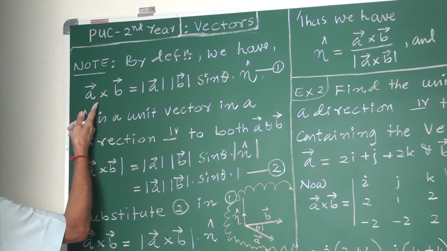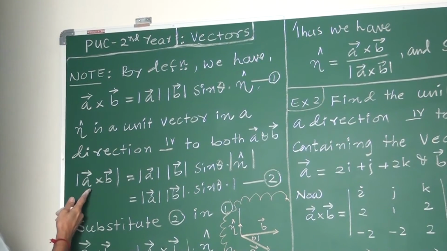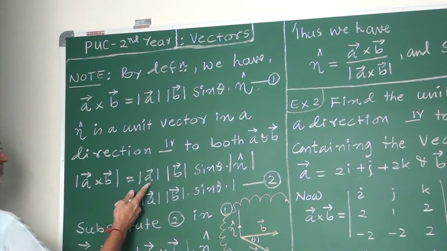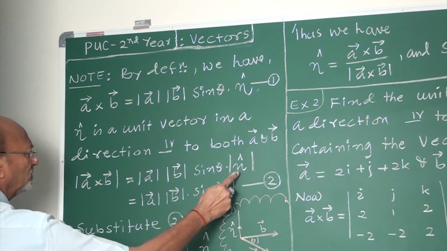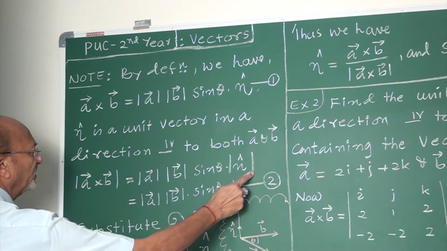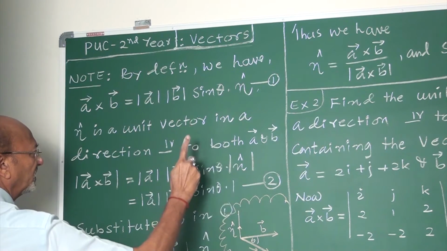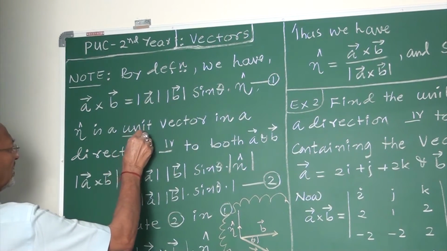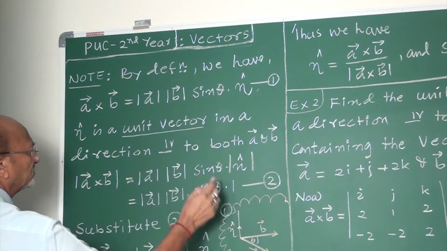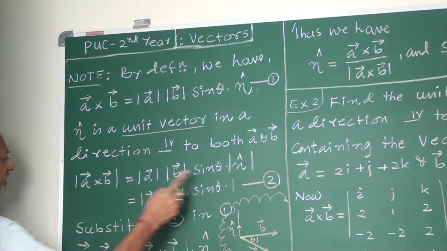Now we have to take the magnitude of A cross B. Magnitude of sine theta is positive, and magnitude of eta cap, eta cap being a unit vector, its magnitude is 1.